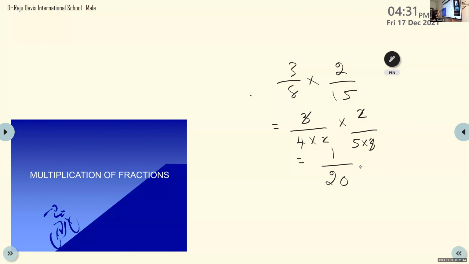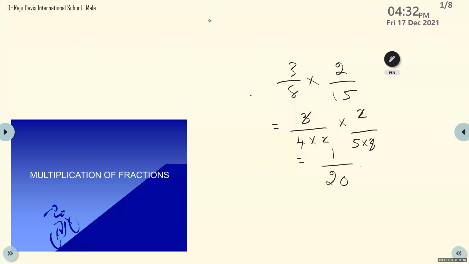I have a doubt. Tell me. Ma'am, 3 by 8 into 2 by 15. Here the numbers we can simplify, the denominators. If we take 8, we should write 4 into 2 as the denominator and 3 on the top.